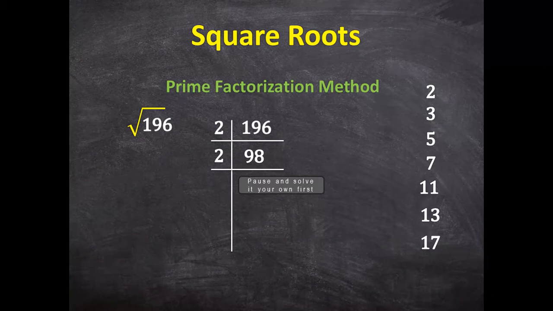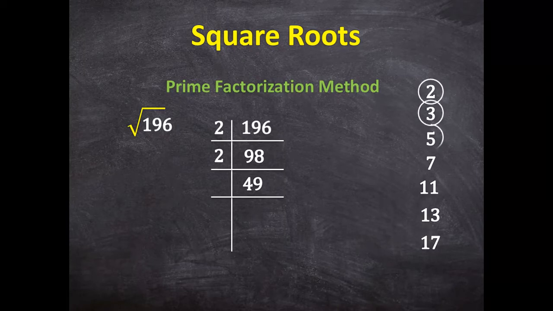So can you judge what should be the quotient for the next row? Simply, when we divide 98 by 2, we have a quotient of 49. Okay, now we further divide 49 by the prime numbers.